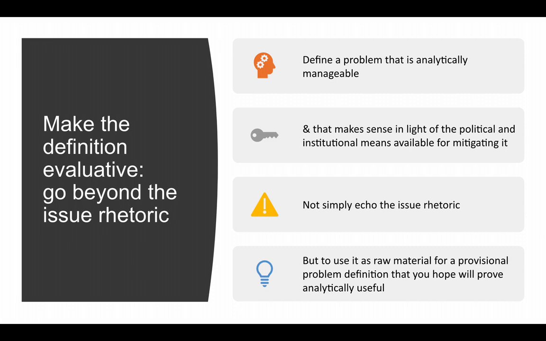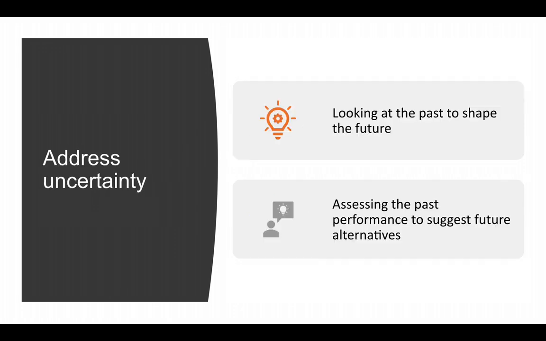And of course, you can't simply echo the issue rhetoric. So when you make the definition evaluative, you need to define the problem that is analytically manageable. And also you need to address the uncertainty.